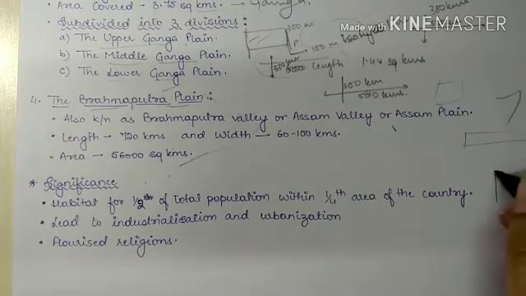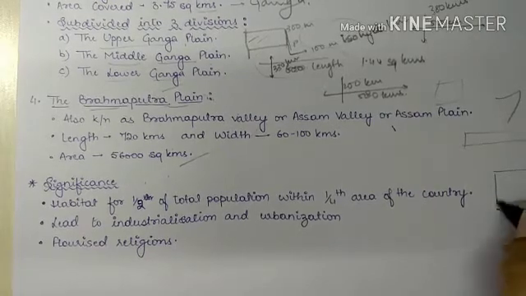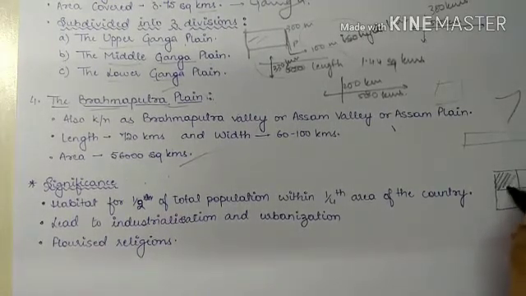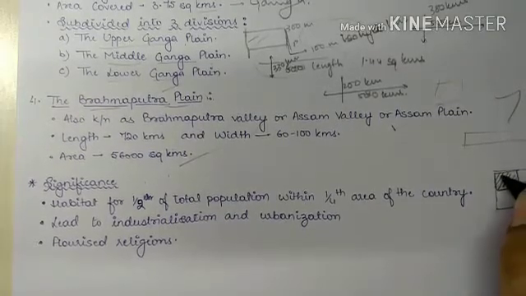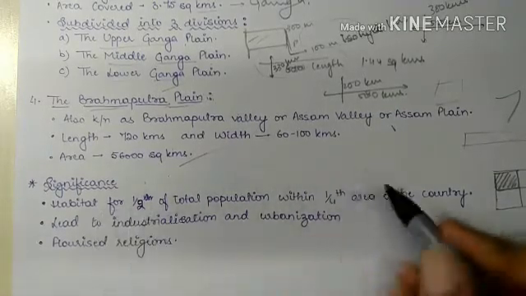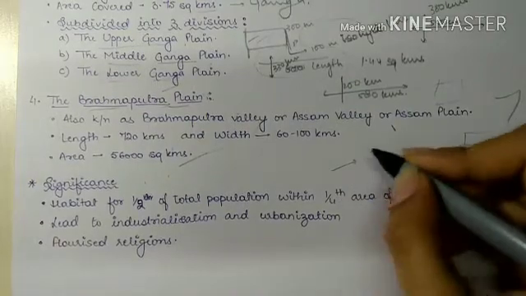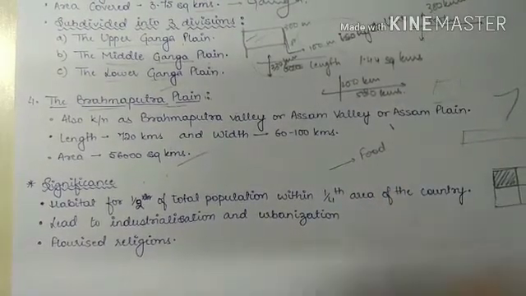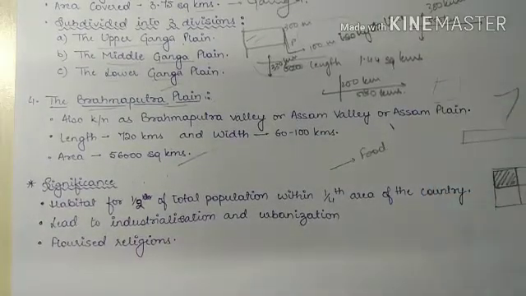If this is the whole country, then one-fourth area is inhabiting half of the population of the total country. Because this area is so fertile, it provides food, because we have agricultural practices.